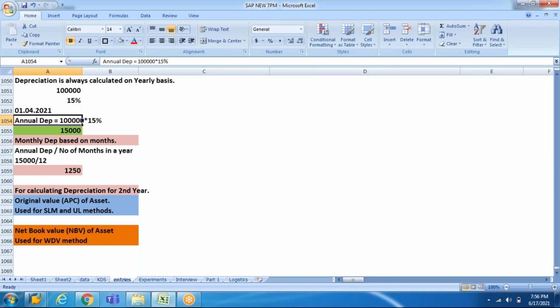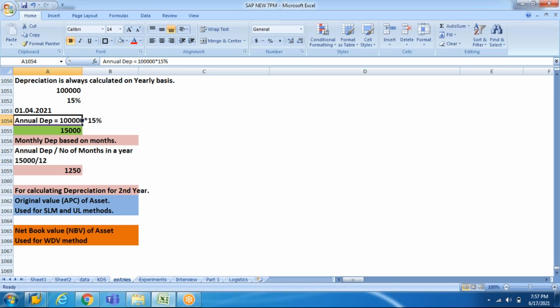Correct. So what we will do is, once we understand this, whatever asset we draft here with our imaginary figures, the same asset we will create in SAP for the same value. Then I will show you the exact numbers that come in SAP, so that you will understand how SAP is calculating asset values.